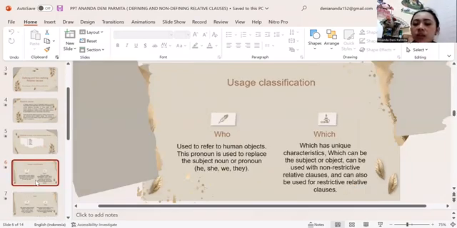Next, for use classification. Who is used to refer to a human subject. This pronoun is used to replace the subject noun or pronoun like he, she, and they. And then which has a unique characteristic: it can be the subject or object, can be used with non-defining relative clauses, and can also be used for defining relative clauses.